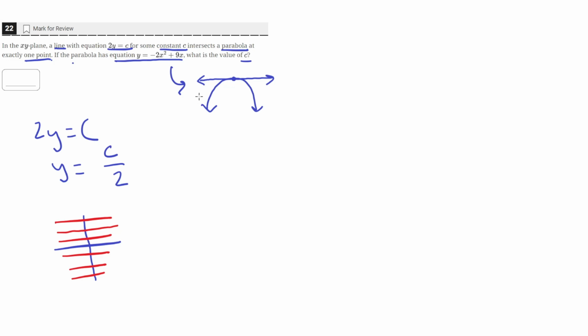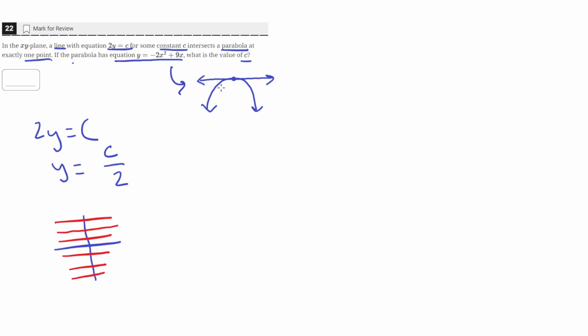Because if this line intersected somewhere other than the vertex, like down here, then it would cross the parabola at 2 points instead of 1. And if it crossed up here, well, it wouldn't really cross at all. There would be no points of intersection.